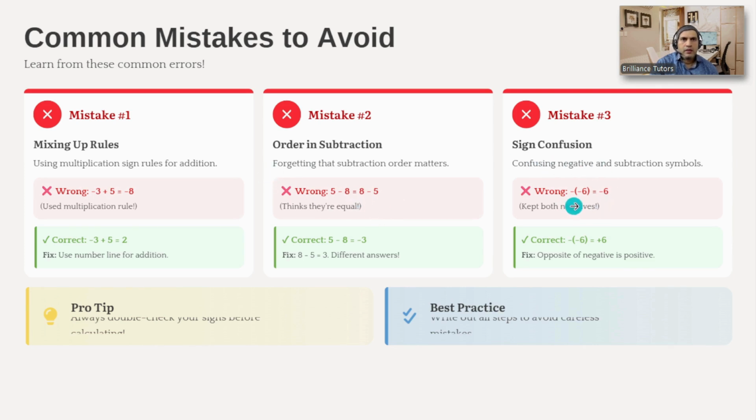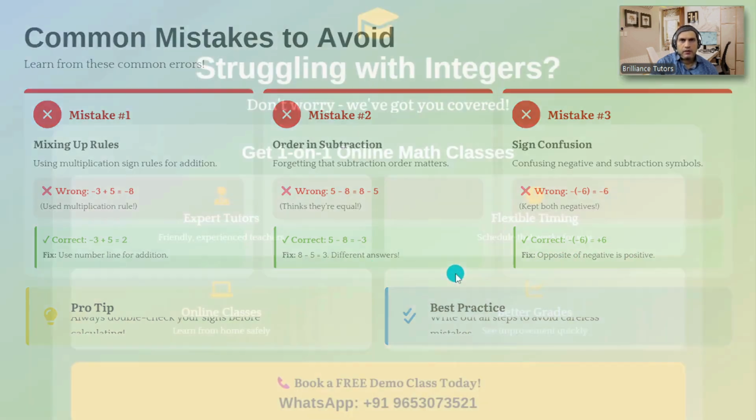Sign mistakes: minus minus 6 is not minus 6, keep both negative. So the correct one is minus 3 plus 5, that is 2, and 5 minus 8 is minus 3. 8 minus 5 is 3, a different answer.